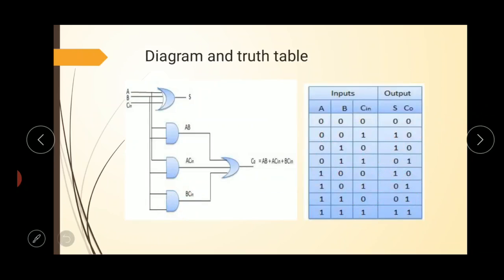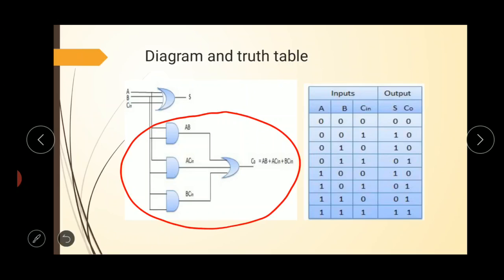Next is the circuit diagram and truth table. Here the circuit diagram is as per our equation: AB is denoted using an AND gate, then AC using an AND gate, BC using an AND gate.